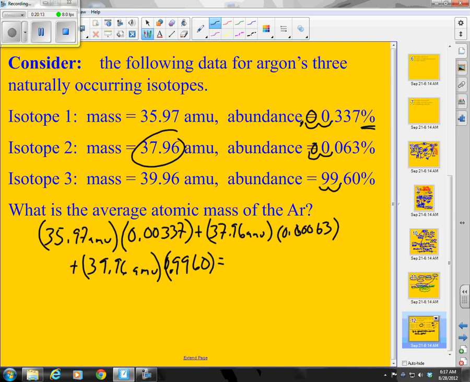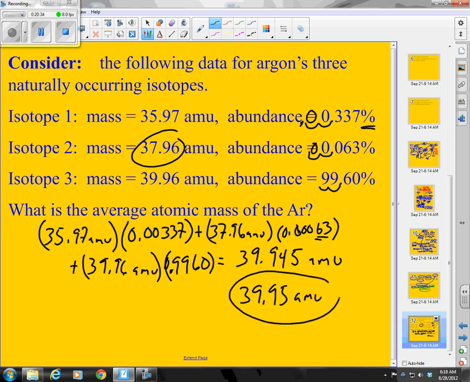Does that make sense? 39.945 AMU. I think we're not going to be able to get this many sig figs. I think the answer is 39.95 when I round that up.